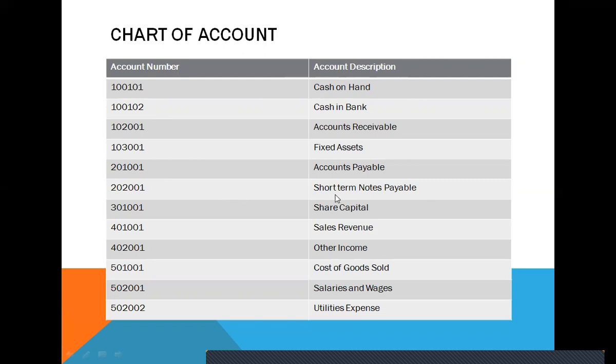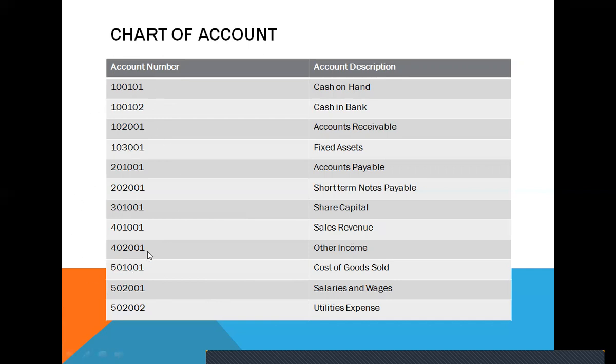Notes payable is also a liability, so it starts with 2. Share capital, a capital account, starts with 3. Revenue and other income: the revenue account starts with 4. Expense accounts like salaries, utilities, and cost of goods sold start with 5. All right, this is just an example of the account numbers.